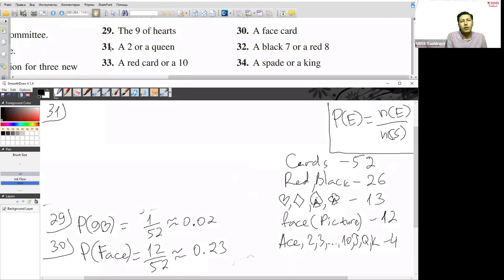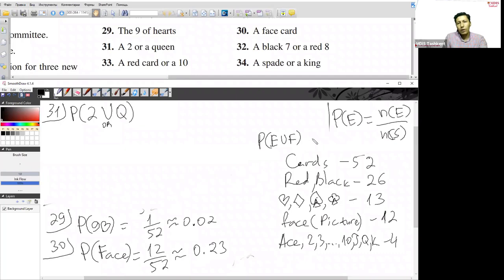Probability of getting 2 or queen. This means or. 2 or queen. Now we need the second formula, because it is about 2 events now. So P(E union F) equals P(E) plus P(F) minus P(E intersection F).